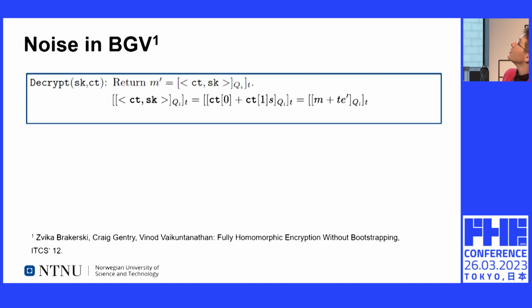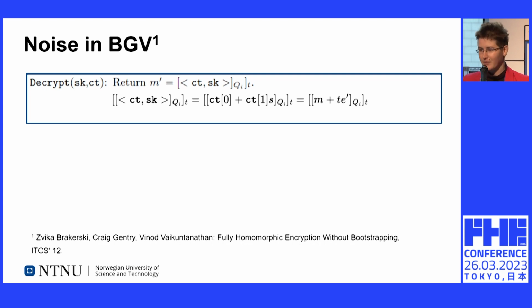And this leaves us with this term. So we've got the message polynomial, we've got the plaintext modulus t, and we've got some polynomial e prime. Now we can see, if we take this modulo t, where the square brackets denote the modular reduction, then this whole term is going to vanish. We are going to be left with the message polynomial modulo t, which is exactly what we want.